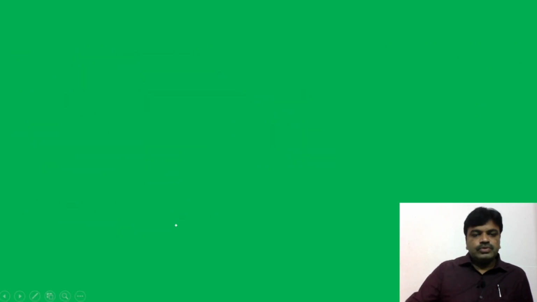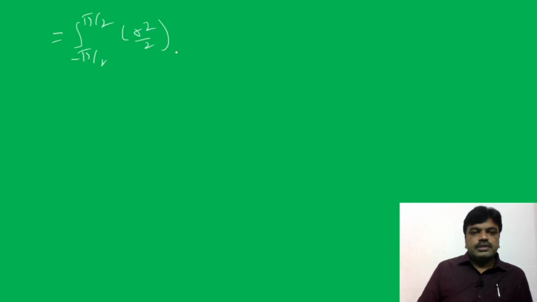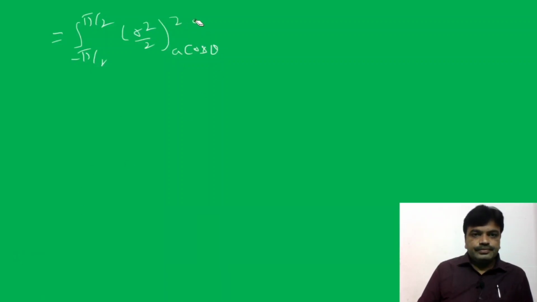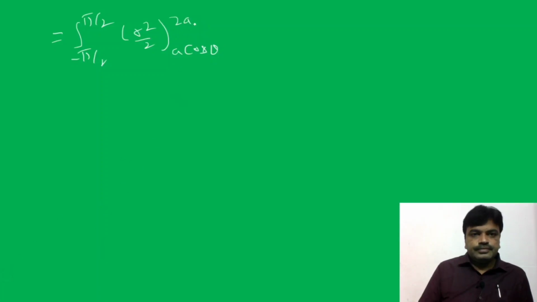So integral from minus pi by 2 to pi by 2 of r square by 2, from a cos theta to 2a cos theta, d theta.